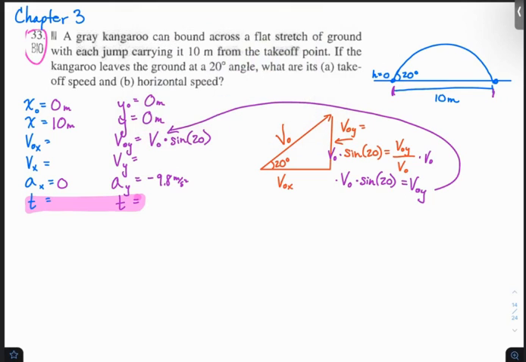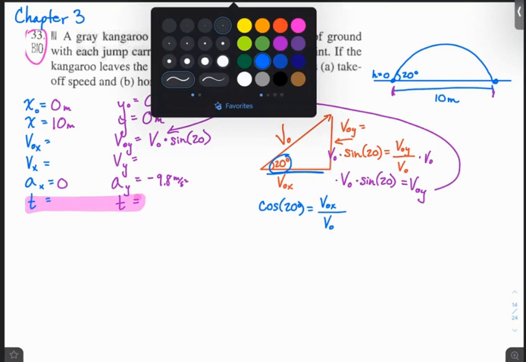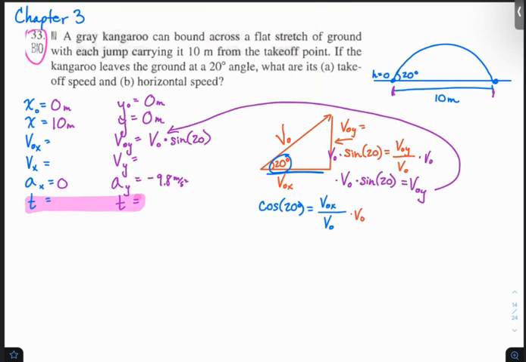And then I can do the same thing for the x direction. The x side is adjacent to my angle, so that means I'm going to use cosine. So cosine of 20 degrees is equal to adjacent, which is v naught x, divided by my hypotenuse, which is my starting velocity, just v naught. Again, I'm going to multiply both sides times v naught, and I get that v naught times cosine of 20 degrees is equal to v naught x.